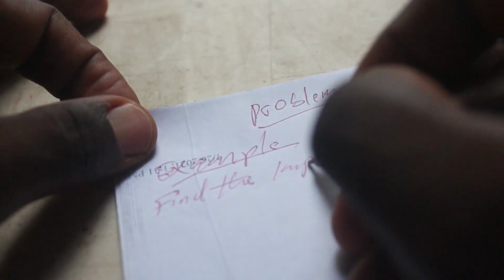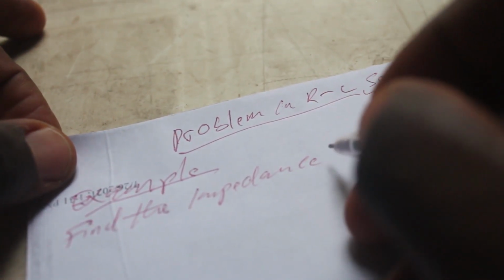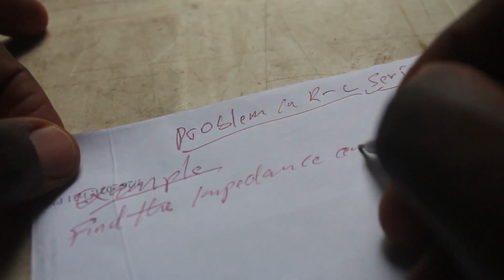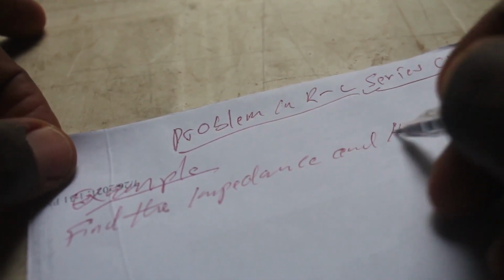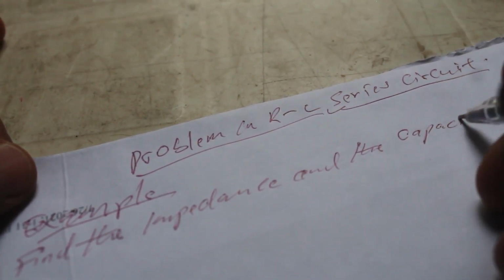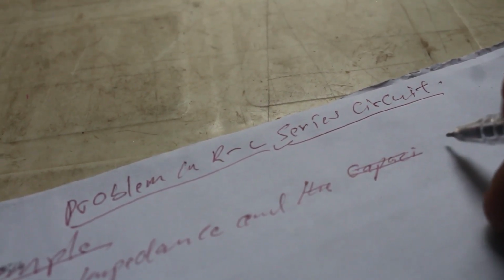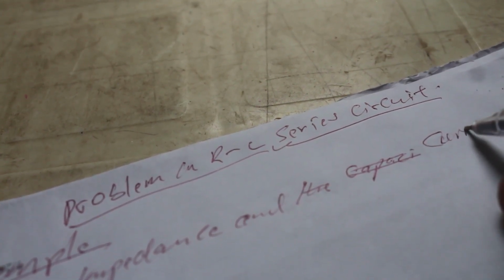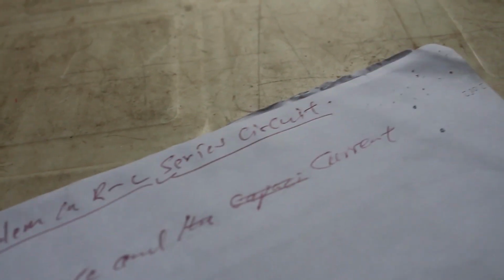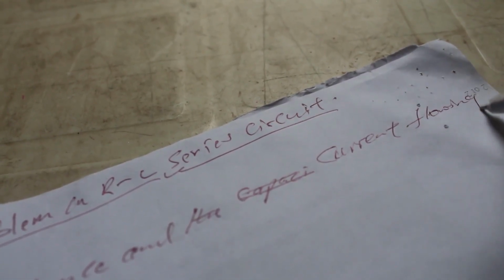Find the impedance and the current flowing in the circuit below.